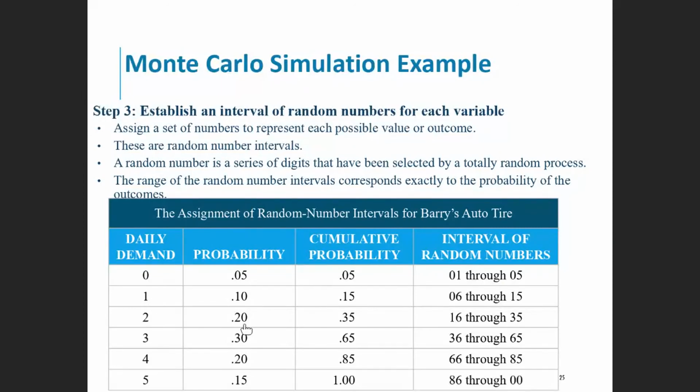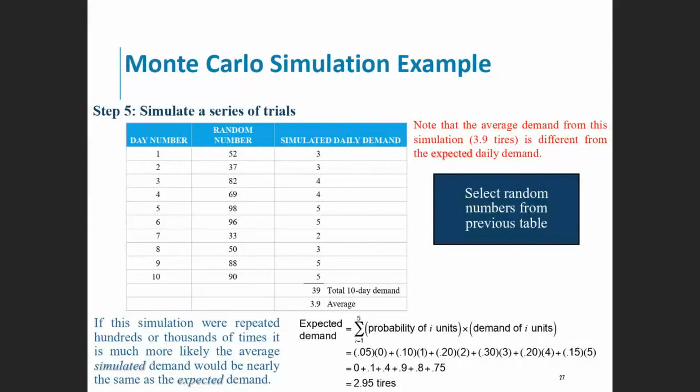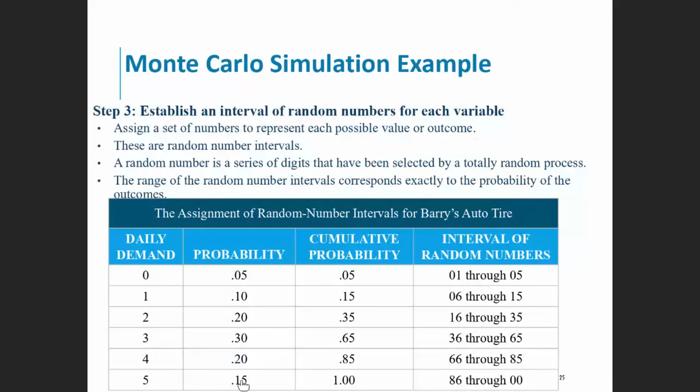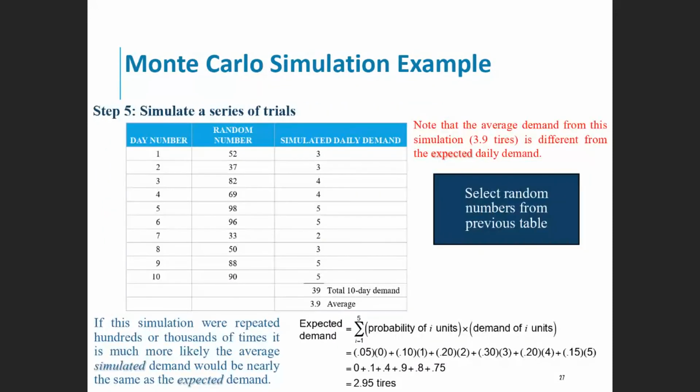You are multiplying the probability times the number of tires demanded, plus 0.3, and so on until you get 0.15 times 5, which is the last value here. You add them all up to get the expected demand. This is not simulated. This is the expected demand based on the historical data without running simulation.